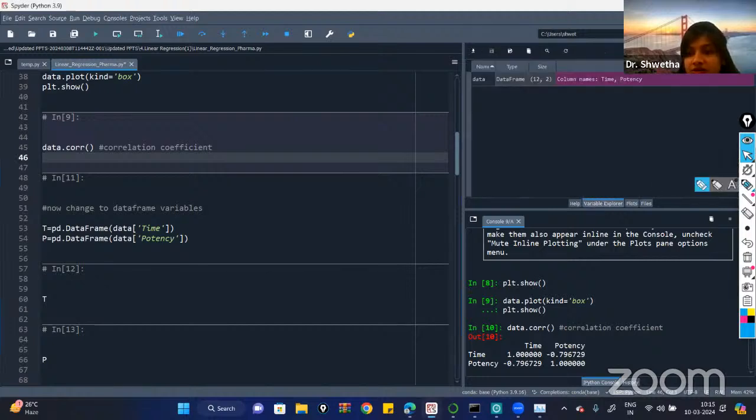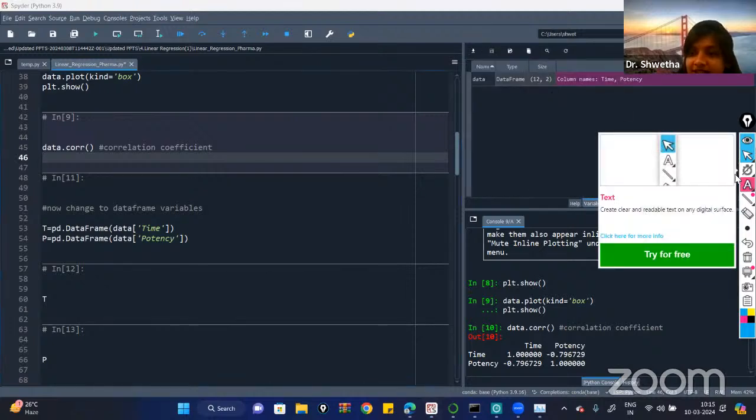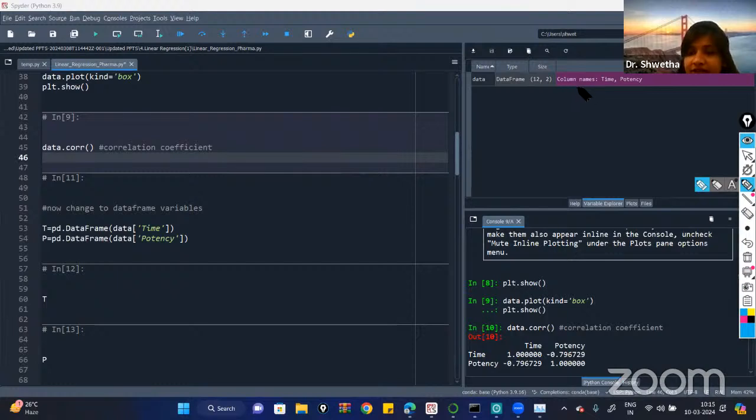First, because both the columns, the X and the Y, are in the same data frame called data, we're trying to put both the columns in different data frames. Now, pd is again the Pandas library. From the Pandas library, you're taking the DataFrame function and then taking one column from the data. So data is our data frame.